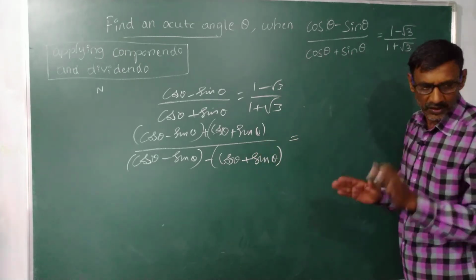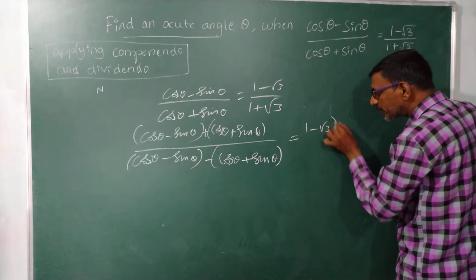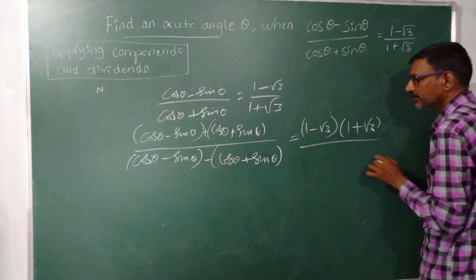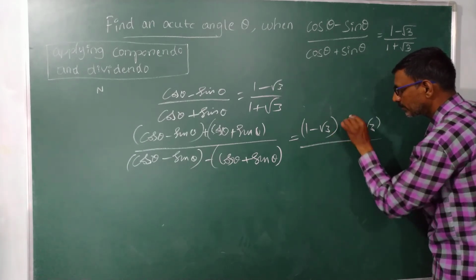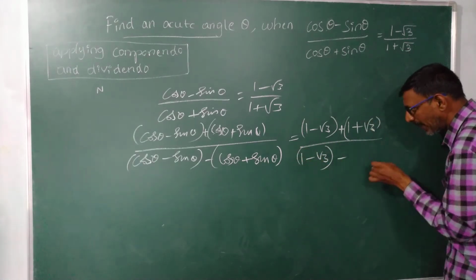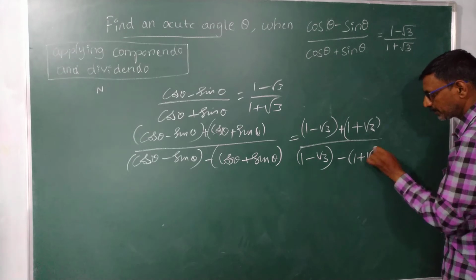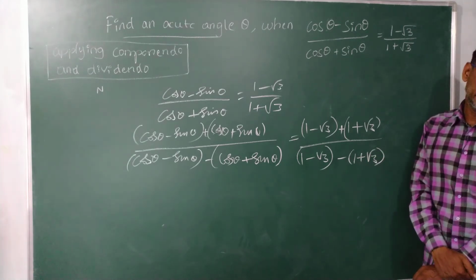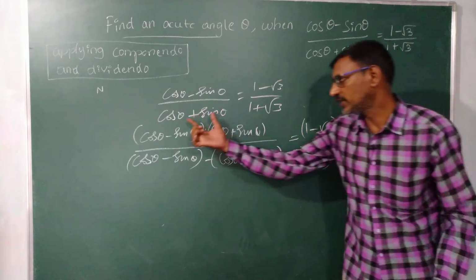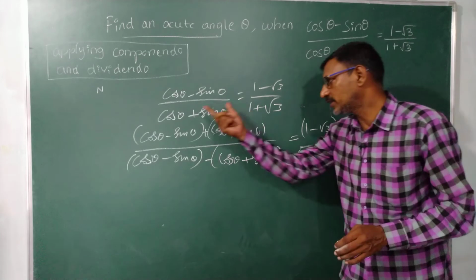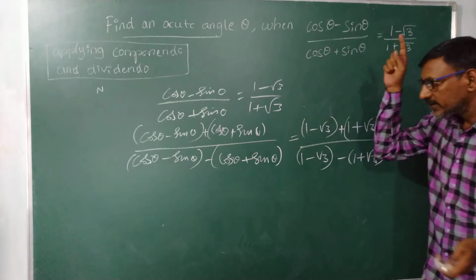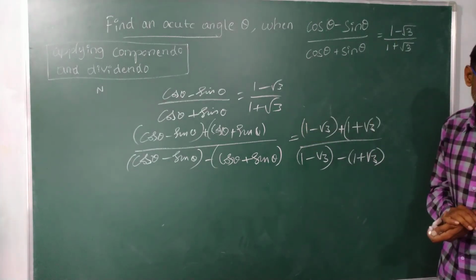This is equal to 1 minus root 3 plus 1 plus root 3 divided by 1 minus root 3 minus 1 plus root 3. This process is called componendo and dividendo. The denominator is added to the numerator and subtracted from the numerator, and you have to take the ratio. The same we can apply here.